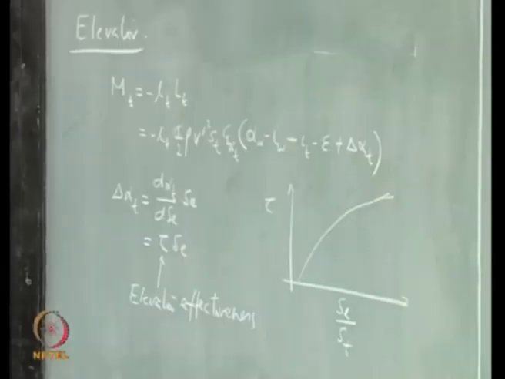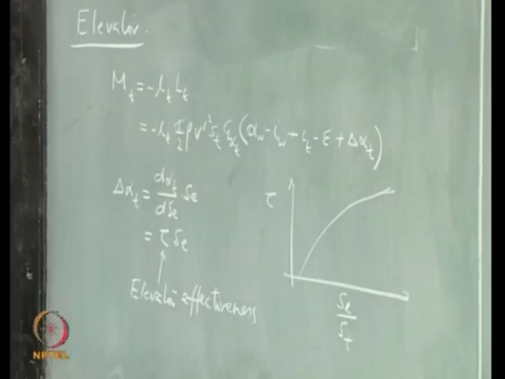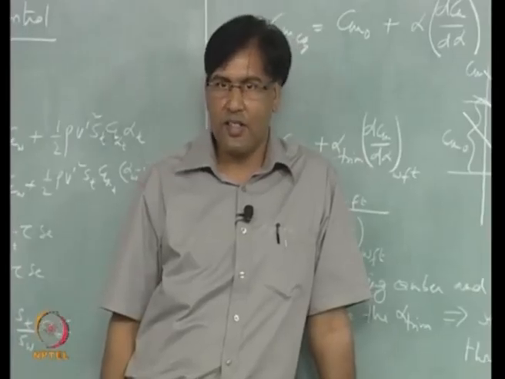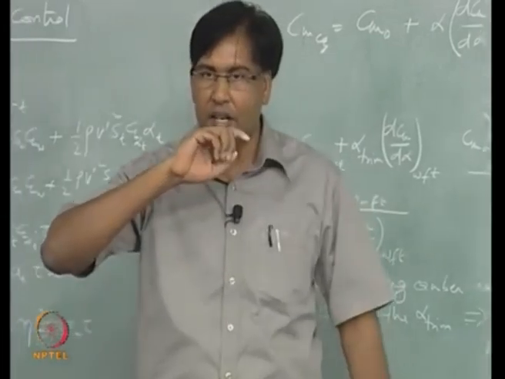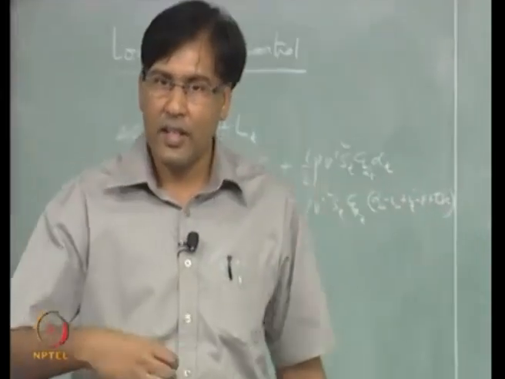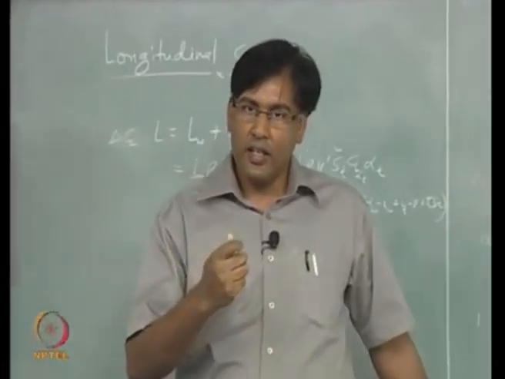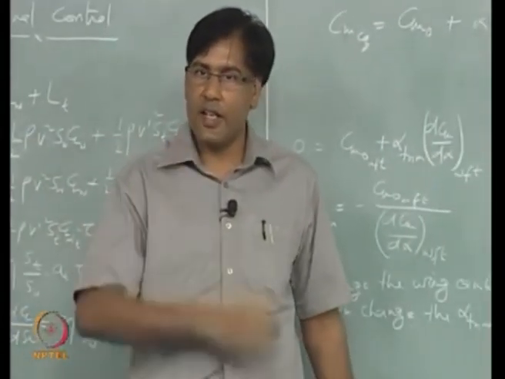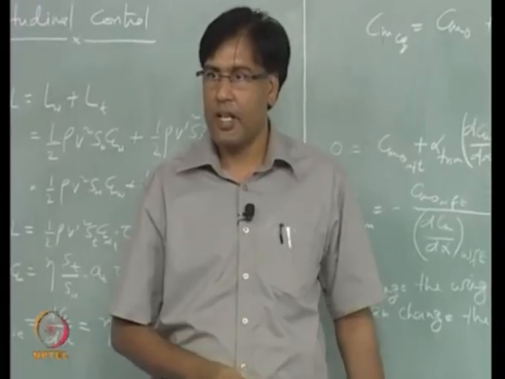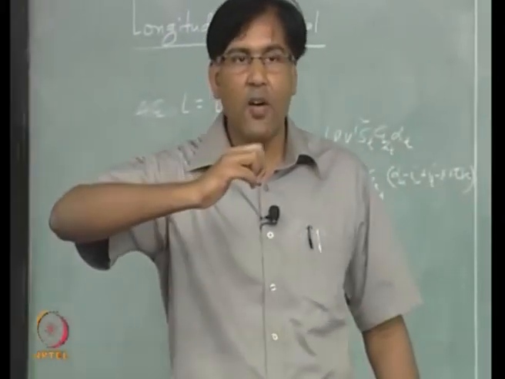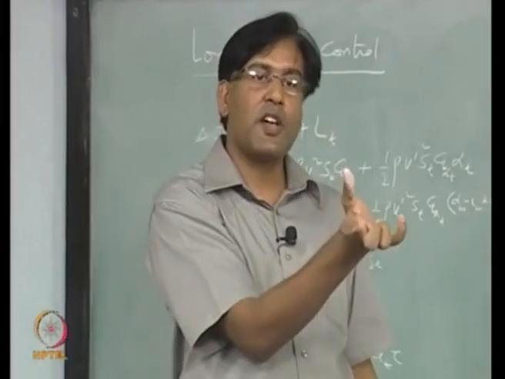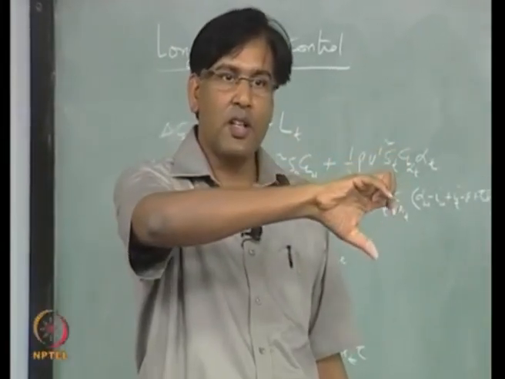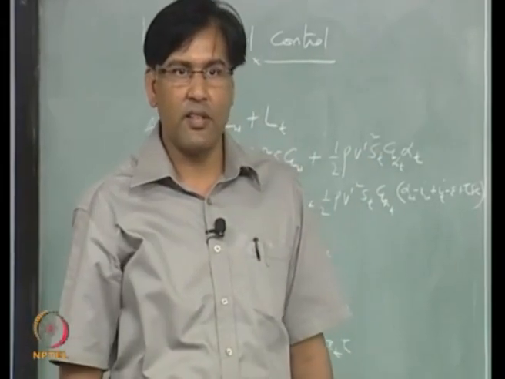So delta E up is negative, okay, down is positive, and this convention has been adopted only to indicate that Cm delta E is negative. Okay. So, delta E down is going to give you lift up, and that is going to create a pitching moment down. So, Cm delta E is negative, is not it.